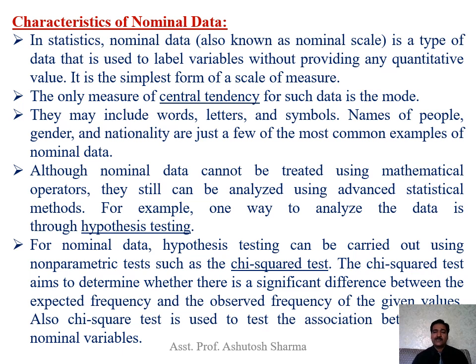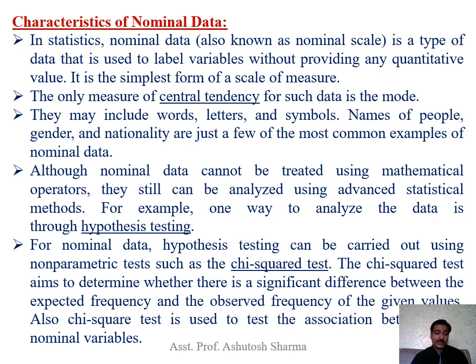So whenever we collect the information on nominal scale and we want to find out average value, which we call as measure of central tendency of the data, we can apply only mode. We can find only mode. We cannot apply mean or median or any other like harmonic or geometric mean on nominal data.